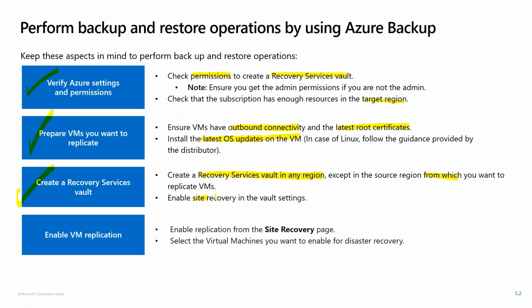Enable site recovery in the vault. We should know by now that site recovery allows us to plan for workload transition to another region. And then we enable VM replication. So go to the site recovery page to enable this, and select the virtual machines we want to enable for this disaster recovery step.